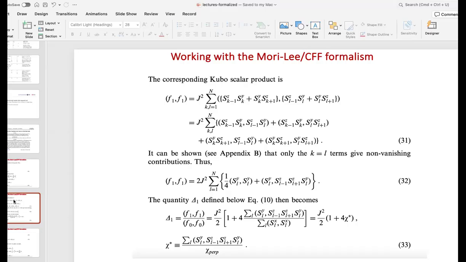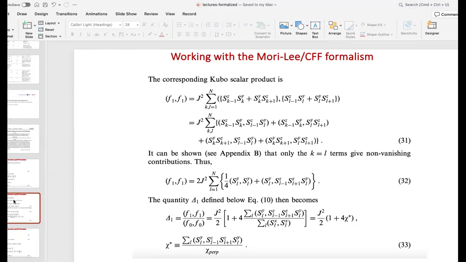This is going to be equal to J squared, sum over K, L equal to 1 to N. And then it will have the following scalar product. It will have SZK minus 1 SYK, comma, SZL minus 1 SYL.